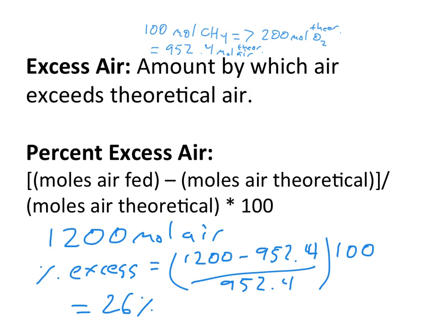We could also calculate the fractional excess air, which would just be without the 100, so fractional excess air would be 0.26. Same concept as we had before when we're dealing with excess, whether it's percentage or fractional, but in this case we're calculating it for air when we have a reaction.